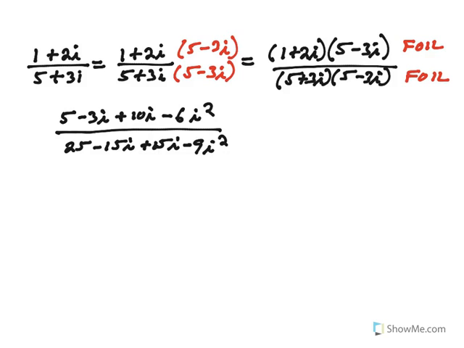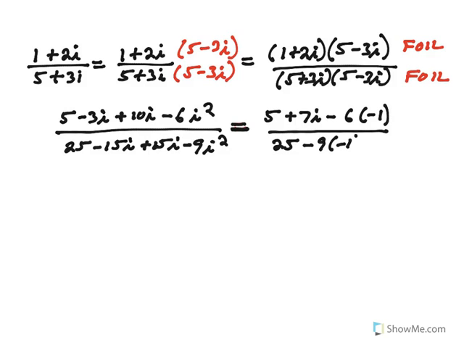I'm going to simplify this. So 5 minus 3 plus 10 is a 7i, minus 6. And I'm going to replace the i squared with a minus 1. The bottom is 25, the 15i's cancel, minus 9.